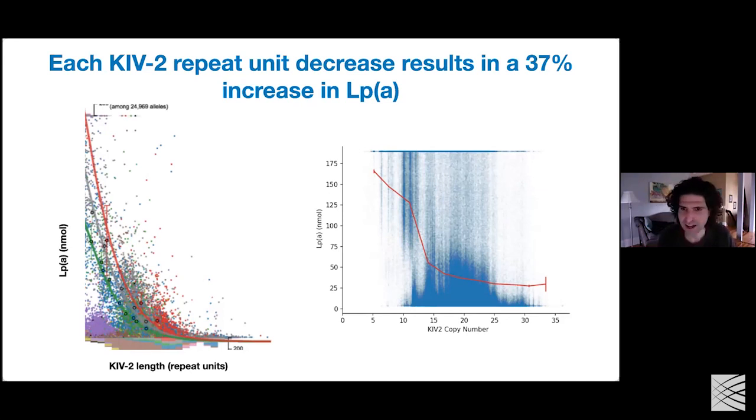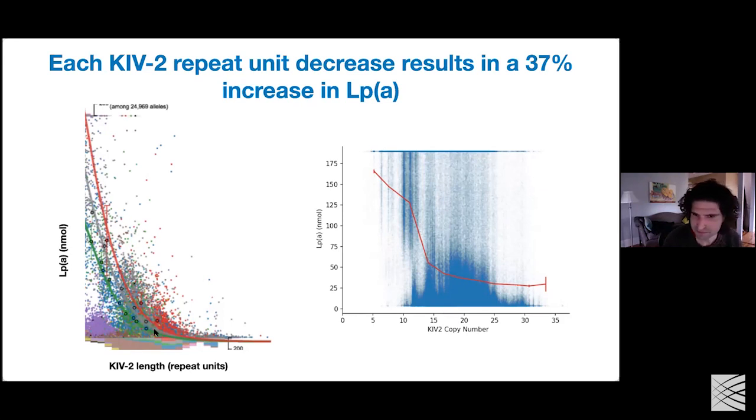After removing the 40% of the haplotypes that were sort of broken, this kind of weird, kinky LPA KIV2 relationship becomes much cleaner and is well modeled by a simple exponential.